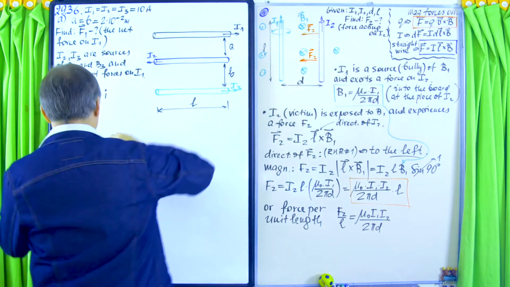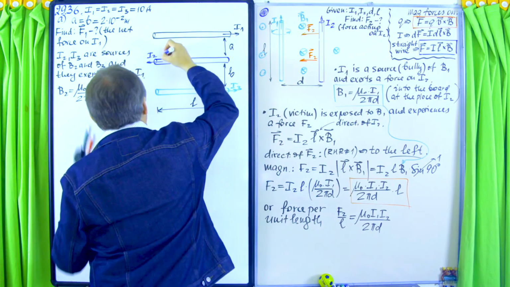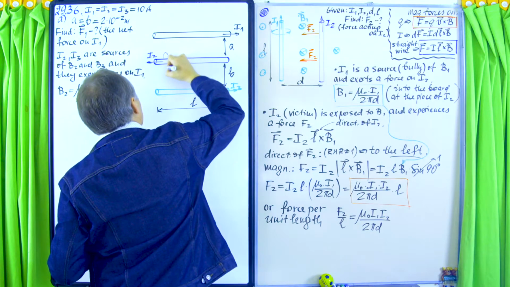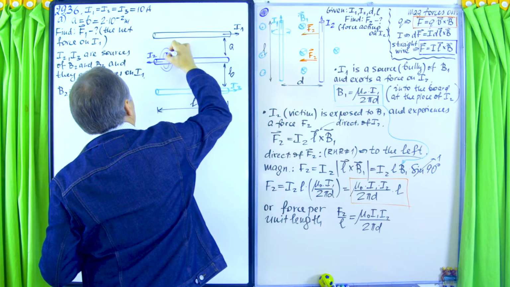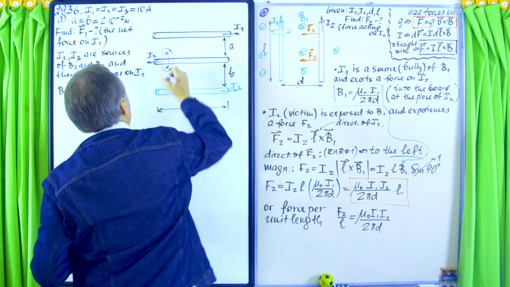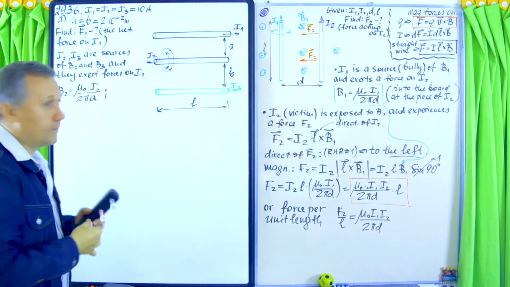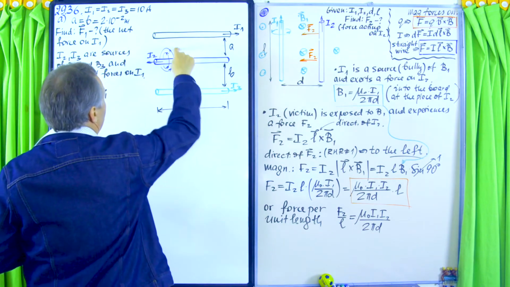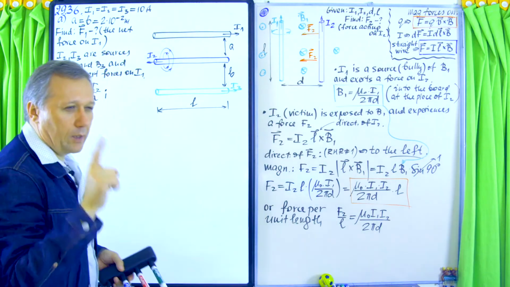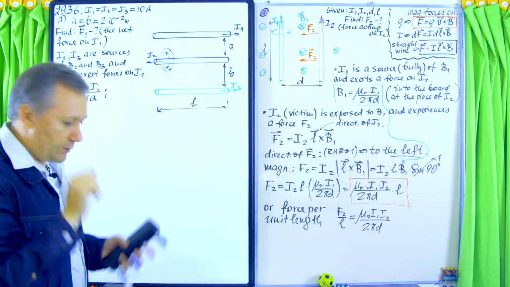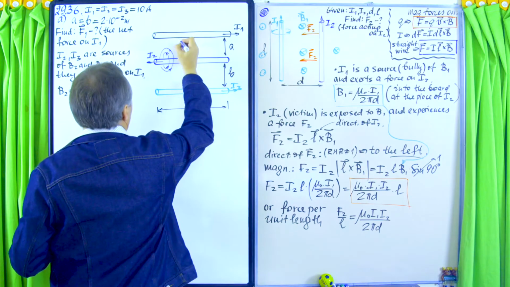Outstretch your thumb in the direction of the current I2 and curl your fingers. First let me show that, of course, we're going to have magnetic field lines like this, right? Circles. And directions like this. Let me check. Yeah. So it means that above the blue wire, all the way to infinity, we're going to have crosses, into the board.